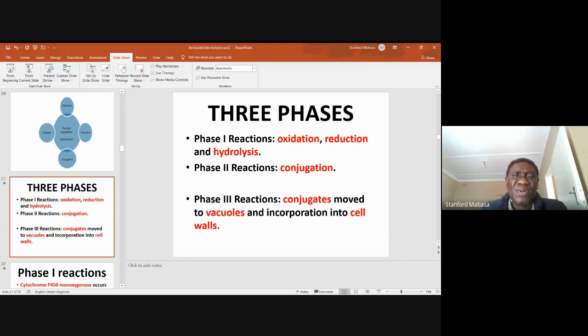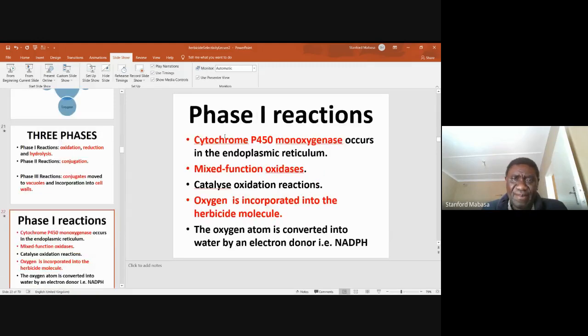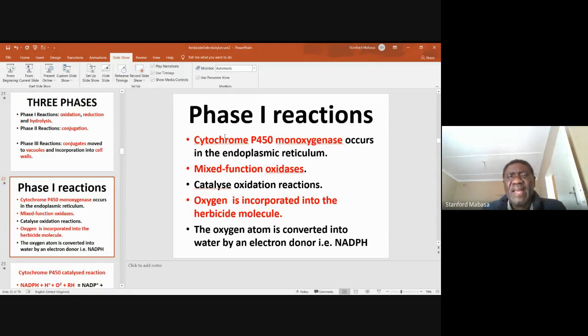So let us talk about phase 1. The herbicide has entered the plant system. We want to see the function and the roles of phase 1. Now, phase 1 reactions are catalyzed by what is known as the cytochrome P450 monooxygenase, which occurs in the endoplasmic reticulum.